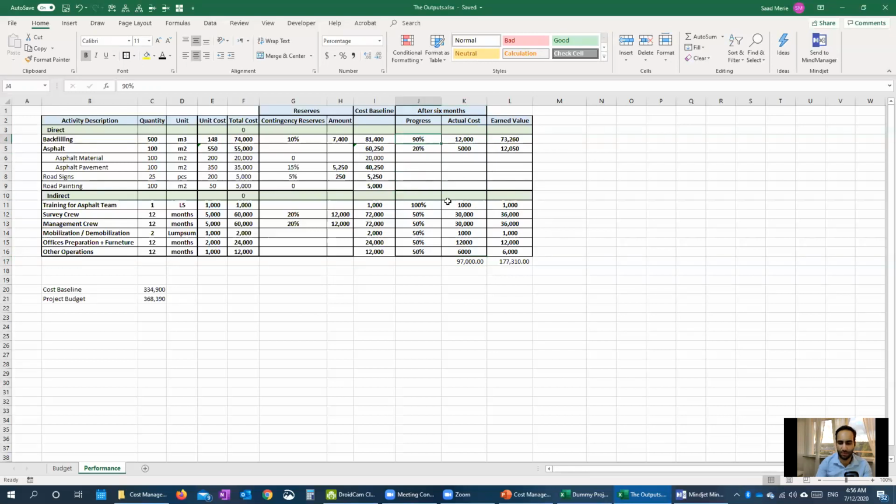Let's reduce this to 40%. No, very high, maybe 20%. Okay, 20% looks fair, and this one, let's keep it at 10% or maybe 5%. Okay, looks good.